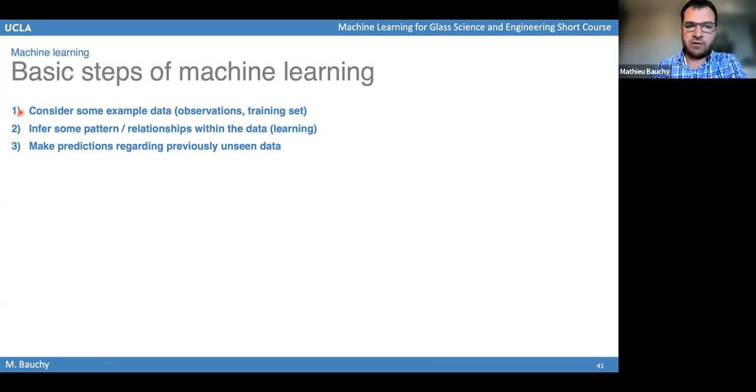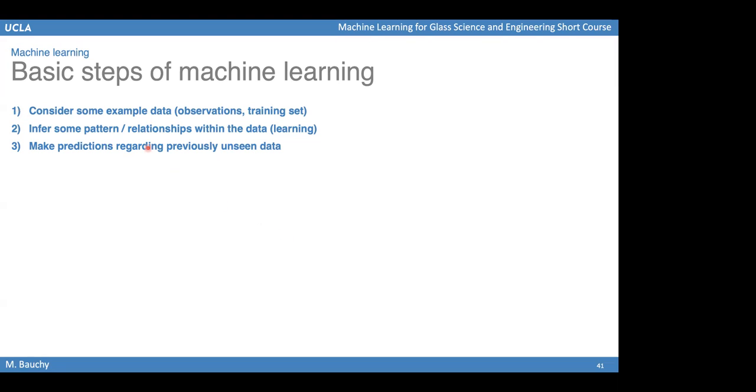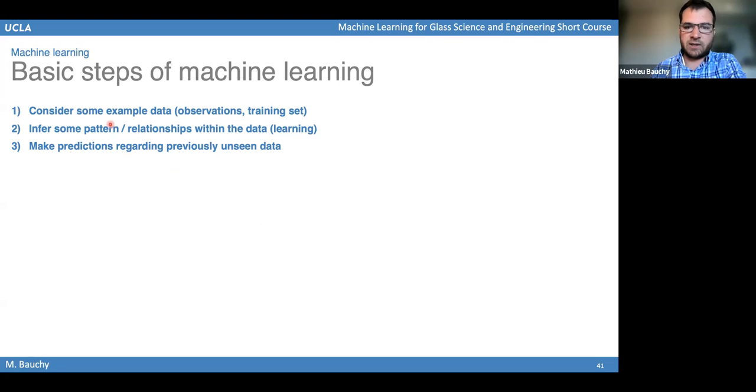So if you don't have any data, then you cannot train any machine learning model. So that's the first thing, to ensure that you have some data. And those data is what we will use to train the machine learning model. So this is what we will call the training set.